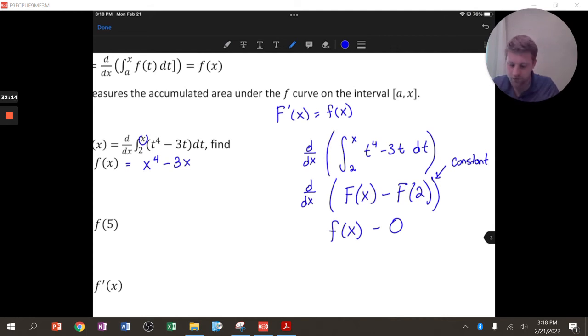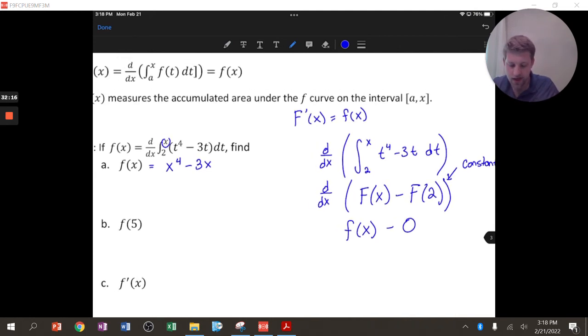And so this gives me back just f evaluated at x, which in this case is just my original function evaluated at x. And so that would be our final x to the fourth minus 3x, because this is our f of t function. So we're taking that same function, just evaluating our endpoint at x.